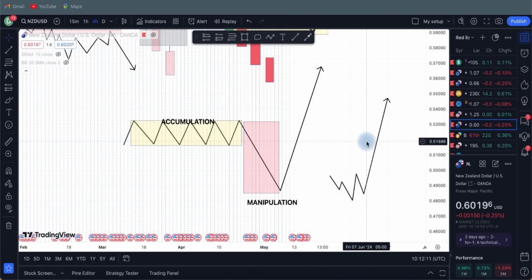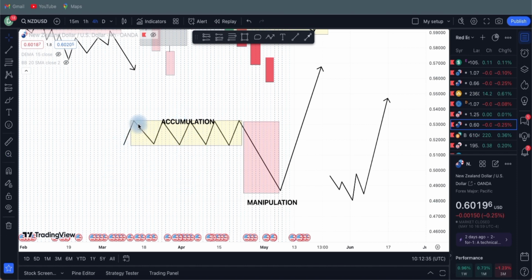We stopped at accumulation, distribution, and manipulation, which is the power of three, also referred to as AMD. According to the last class we did, accumulation refers to the ranging or sideways market.